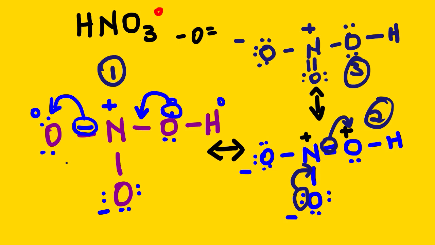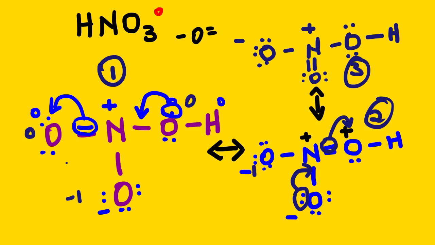If we are to compare 1 and 2, the formal charges of both structures add up to 0, but 2 will still contribute minorly, because if we look at the formal charges of the oxygens, we compare oxygens. This one has 0, this one has -1, this one has 0.